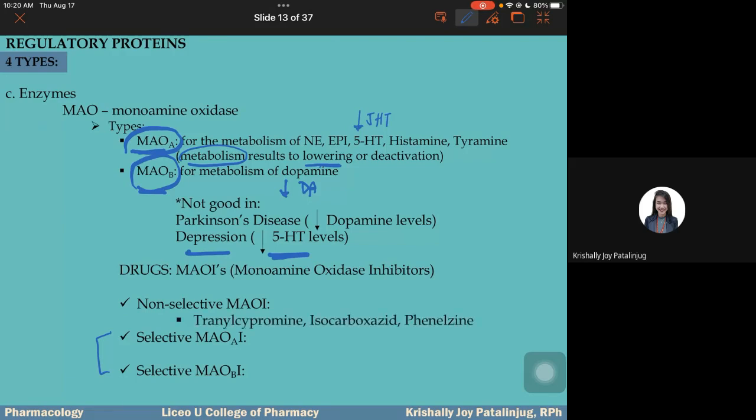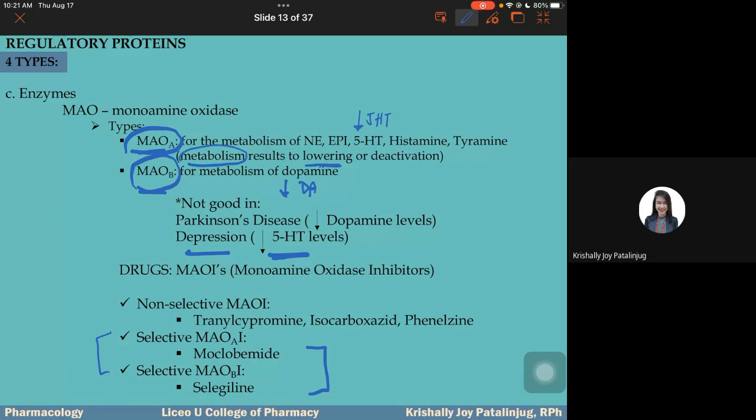Examples, tranylcypromine, isocarboxazid, and phenelzine. Selective MAO-A, we have that. MAO-A inhibitor. It only inhibits MAO-A. Okay? Moclobemide. And then we also have selective MAO-B inhibitor, selegiline.